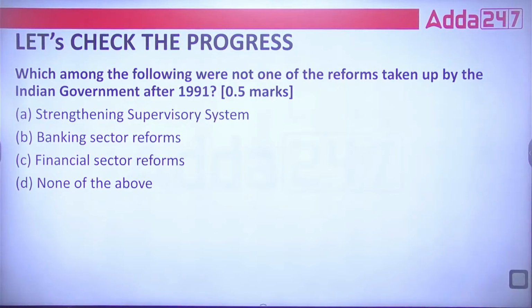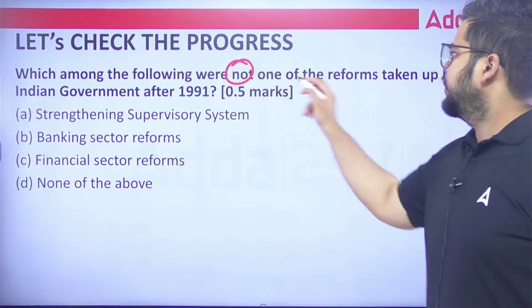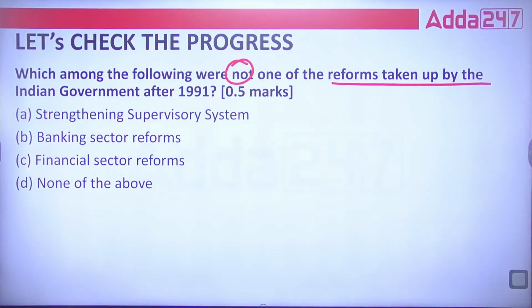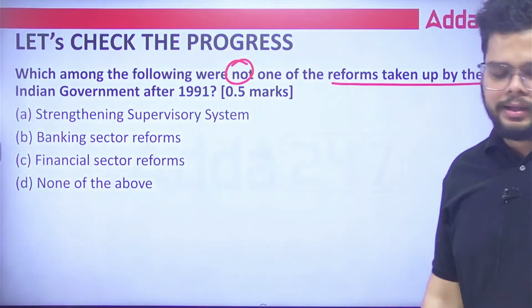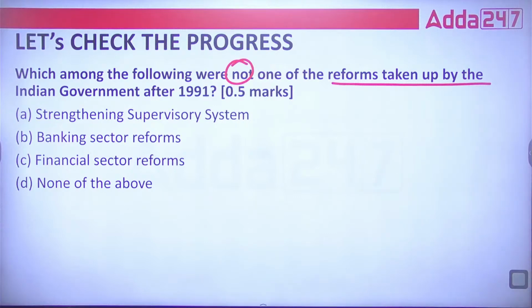Okay. What about this question? Which among the following were not one of the reforms taken up by the government of India after 1991? So you have to select the incorrect out of the 4 options available.